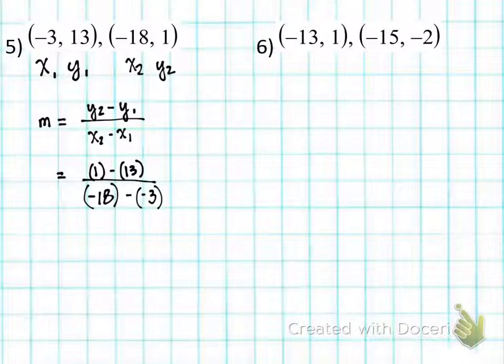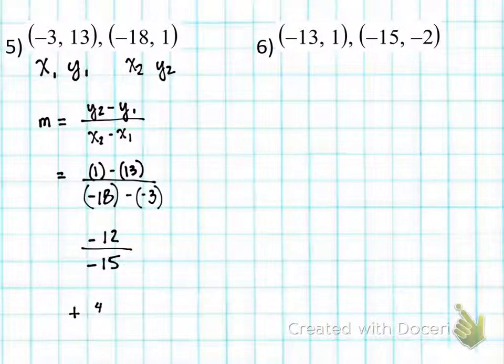Work this out by yourself. Go. Okay, so 1 minus 13 is -12. -18 minus a -3 is like saying -18 plus 3, which is -15. 12 and 15, what goes into both of them? 3. What's negative divided by negative, really? Positive. Negative divided by negative is positive. Thank you.